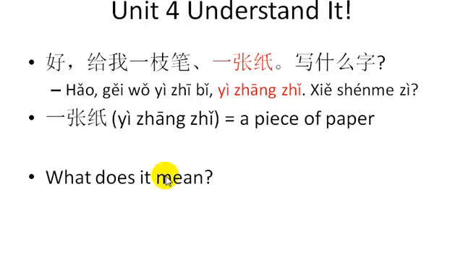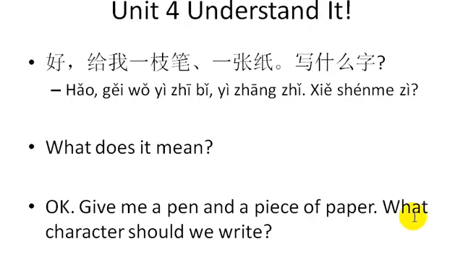You have everything you need to know here now, so pause this and write down a translation. Alright, so hopefully you came up with something close to, give me a pen and a piece of paper. What character should we write? 写什么字? Write what character?